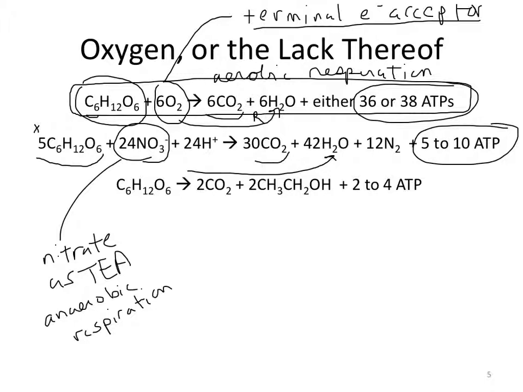Okay. Down here we have an equation that if you look carefully you actually should recognize. We discussed this in earlier freshman level biology classes. There's glucose, and it is being oxidized, and it is forming ethanol.